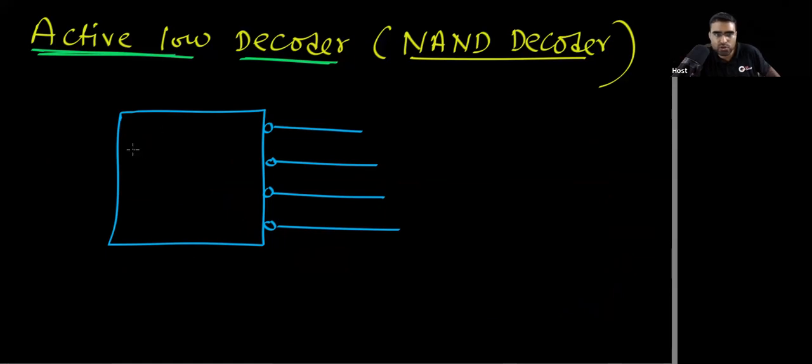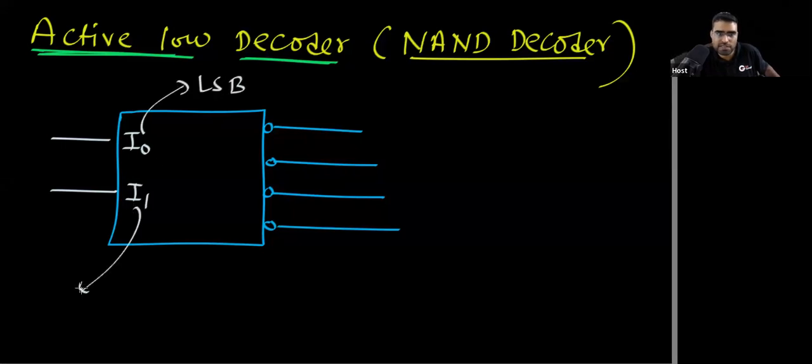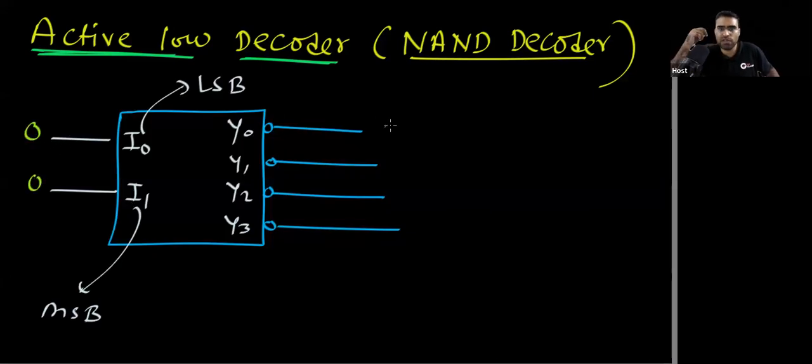So let's assume this is your decoder. This is I0, I1, meaning this is LSB, and this is MSB. And I'm writing Y0, Y1, Y2, Y3. So this is your active low decoder. Now you quickly tell me, if I apply 0, 0, what will be the output here?